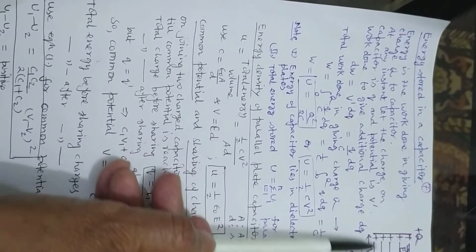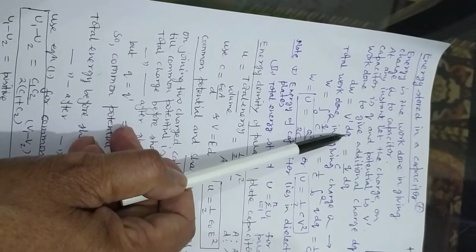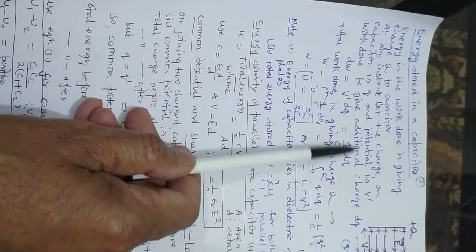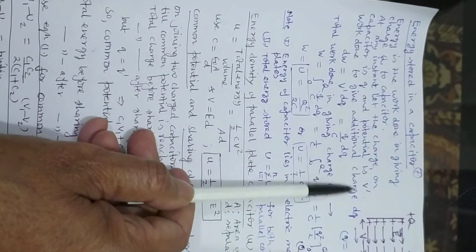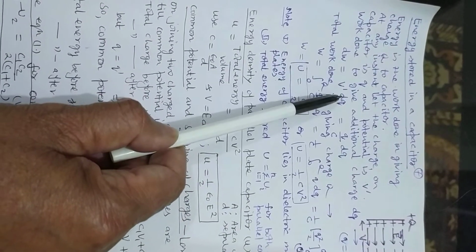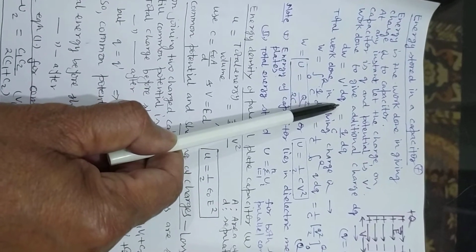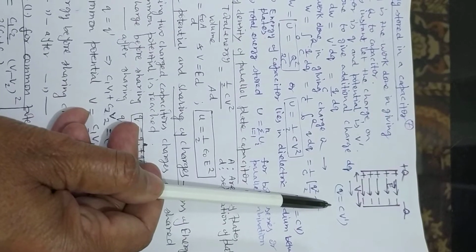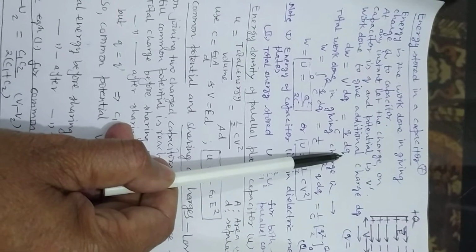Now further, if we want to give the charge in increments of dq, then the infinitely small work done to give additional charge dq to the plates of the capacitor will definitely be V dash dq, or V dash we can write as q upon C, into dq.